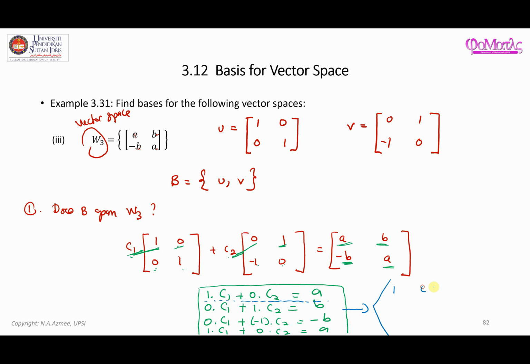So 1, 0, and A. For the part here, 0, 1, and B. So notice we have C1 at one part and C2 on the other part, yeah?